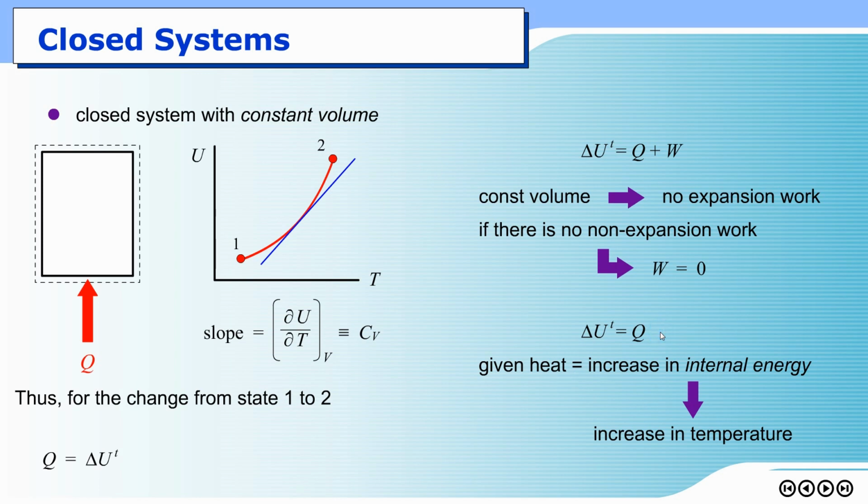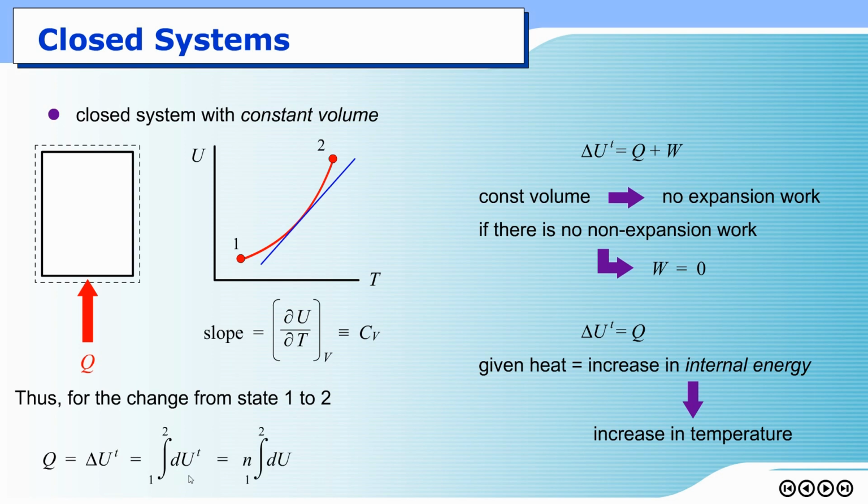From the first law, you just swap these two sides, and you can calculate the amount of heat supplied to the system. Then this delta U can be calculated from the integration of dU from the initial state to the final state. This is basic calculus.